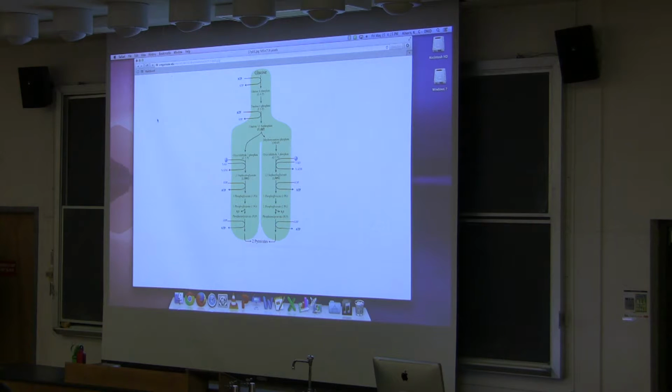Now you see that this has a Y shape, and it has a Y shape because you start with a 6-carbon molecule glucose, and you break the glucose down into 2 molecules of 3 carbons each. Fortunately, the 2 molecules you get are identical, and essentially everything here is identical. There's one step that's not identical, and then everything else is the same.